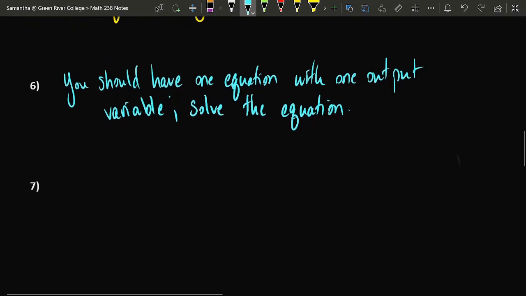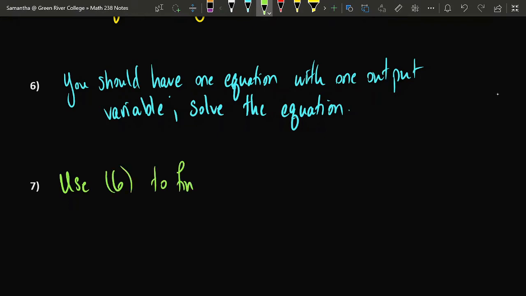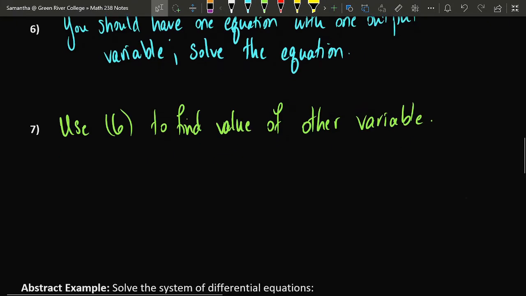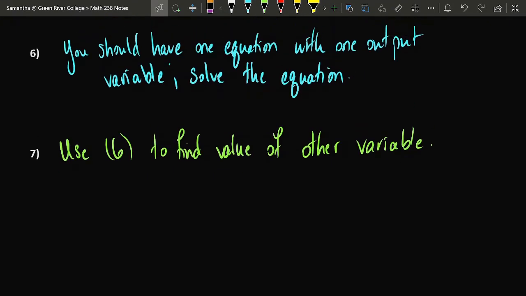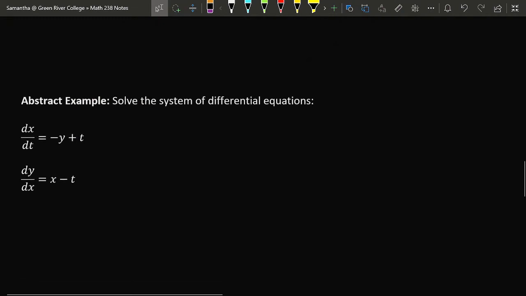And then use the result of step 6 to find the value of the other output variable. Extremely similar to the method of elimination as used in algebra to solve systems of equations. So let me go ahead and demonstrate the method in an example.